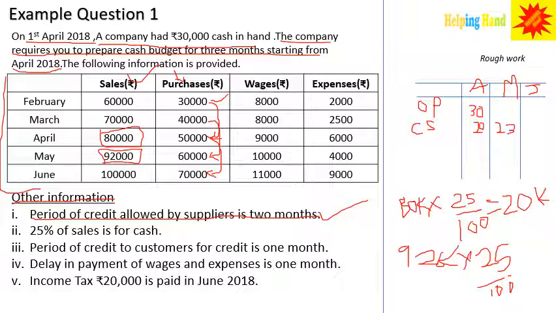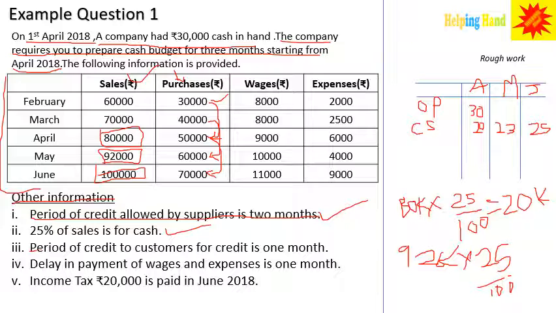When you calculate, you get that amount. June also, the same applies. 25% of 1 lakh is 25,000, which shall go into June's column. So we are done with this adjustment, the second adjustment.